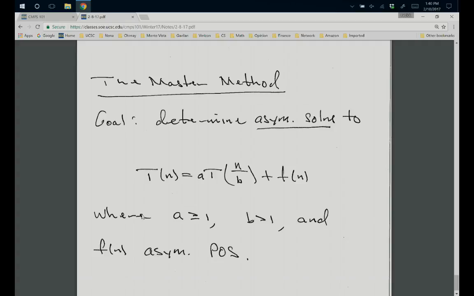So, in each case, the winner, meaning the faster function or the faster growing function, determines T of n, or the asymptotic solution.